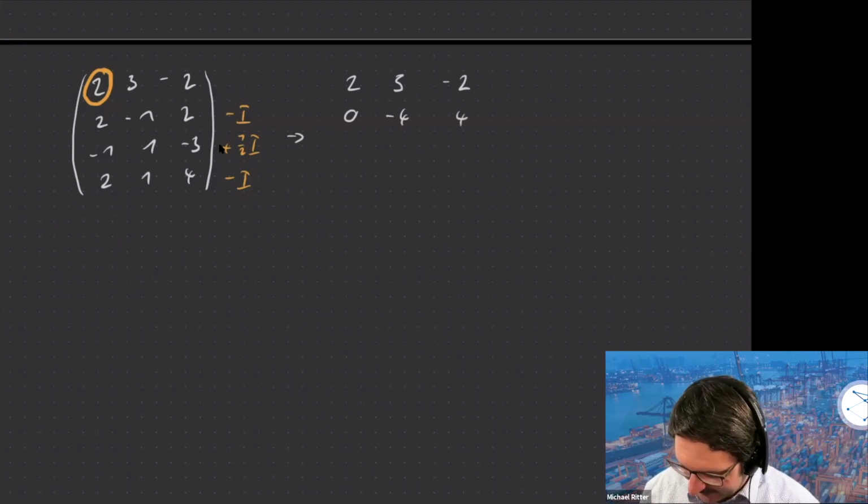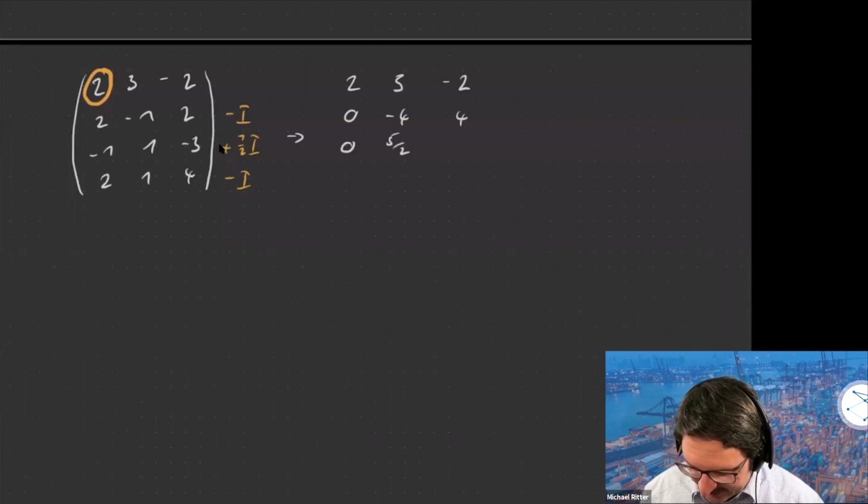So here we get, let's see, 0, then 1 plus 3 over 2, that is 2 over 2 plus 3 over 2, that's 5 over 2. And -3 minus 1, that's -4. And finally, the last row is going to be 0, 1 minus 3, that should be -2.